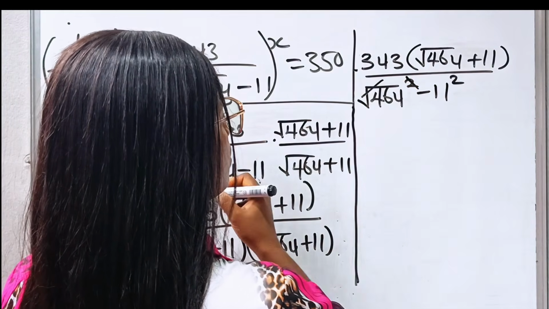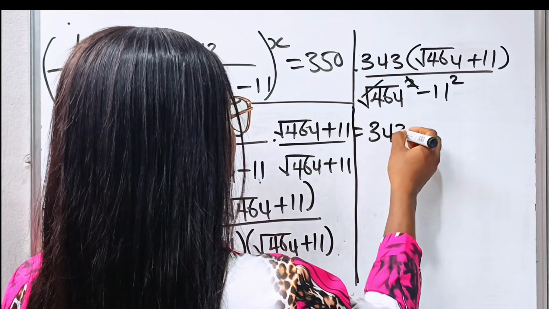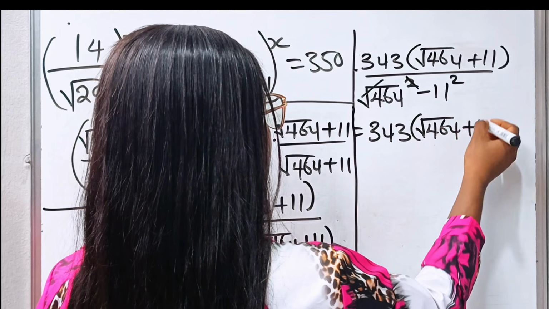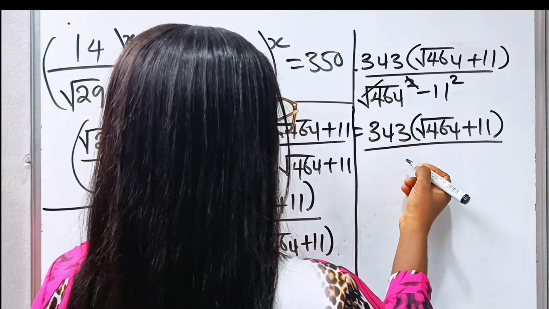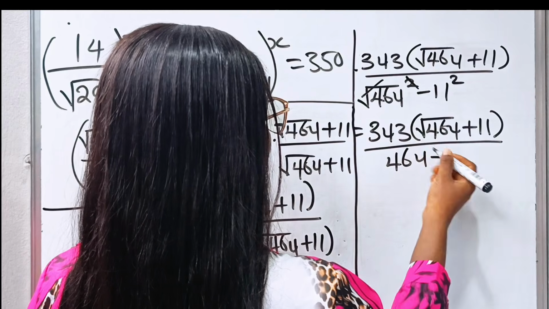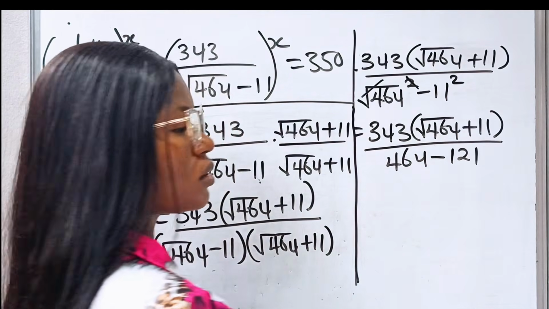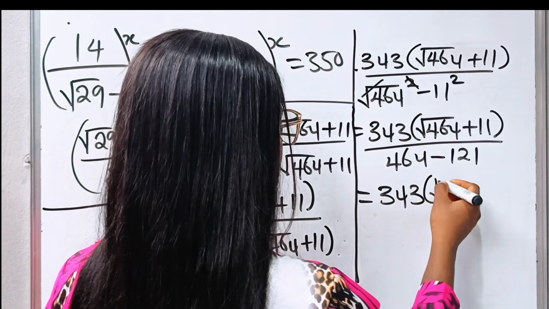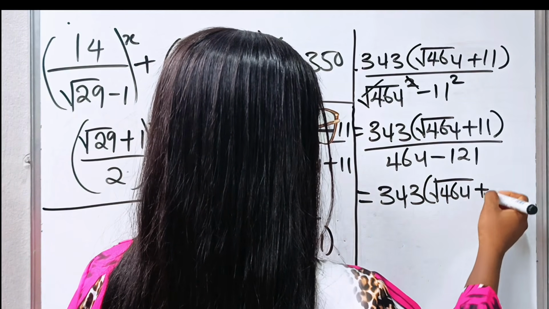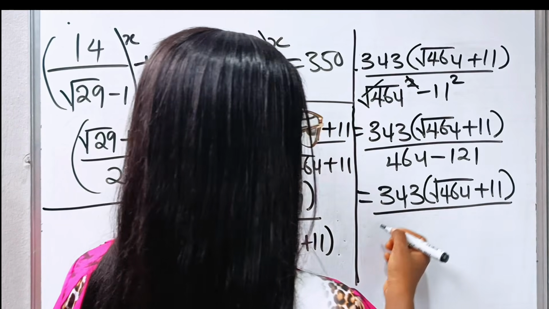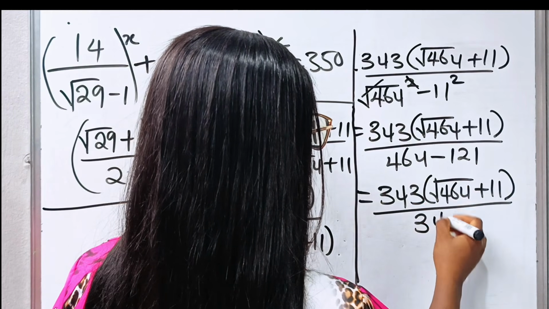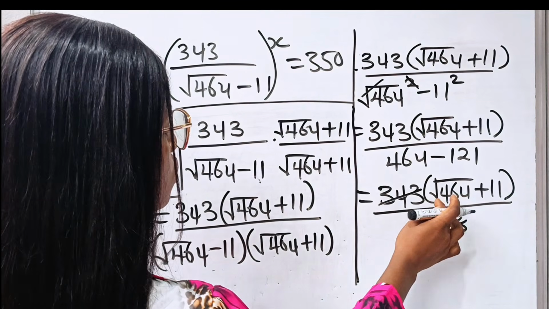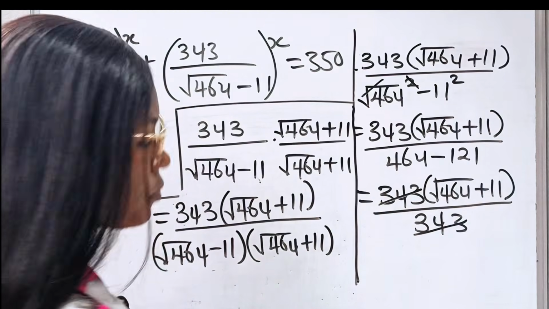So this will remove this. We will have 343 bracket square root of 464 plus 11 divided by 464 minus 11 squared, which is 121. So this will be equal to 343 bracket square root of 464 plus 11 divided by, this will also give us 343, right? So this and this go, and we are left with root 464 plus 11.